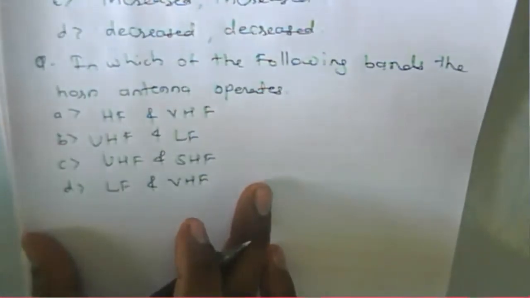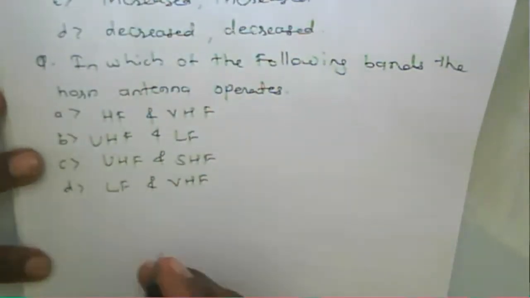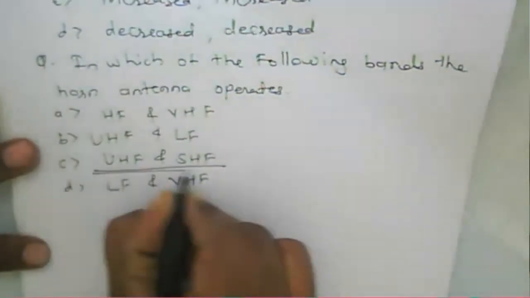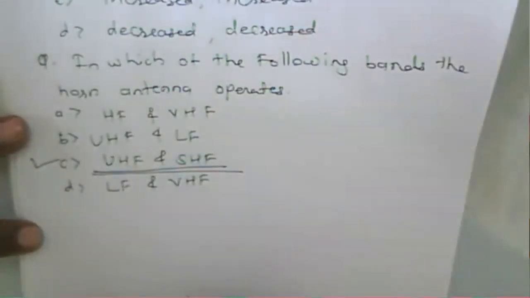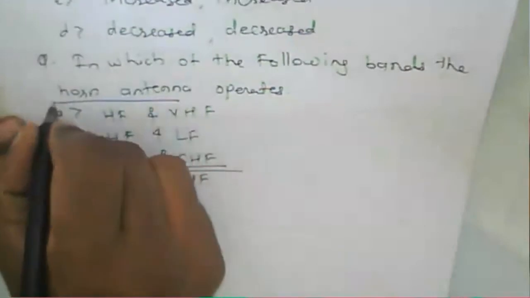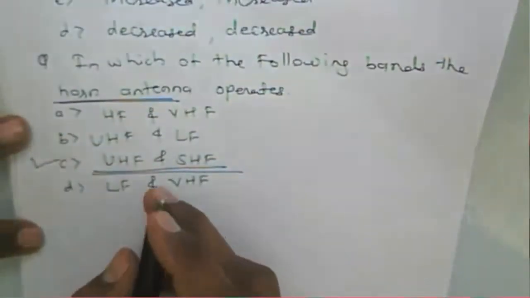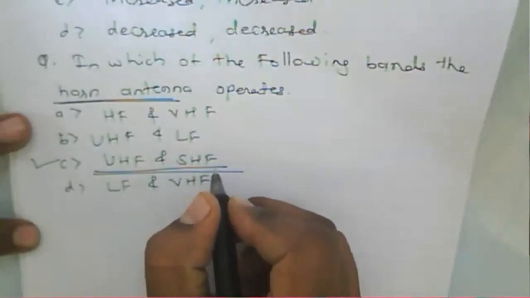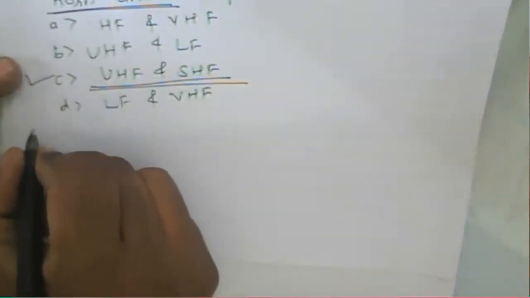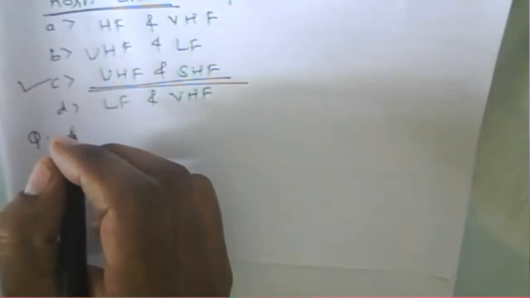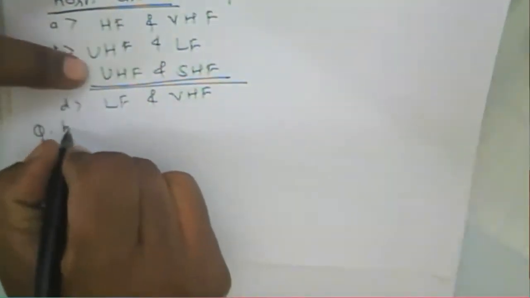And D, LF and VHF. Which band does this horn antenna operate in? Please type your answer. The higher frequency, ultra high frequency. The horn antenna operates at higher frequencies, in terms of gigahertz. So we can say UHF and SHF band.